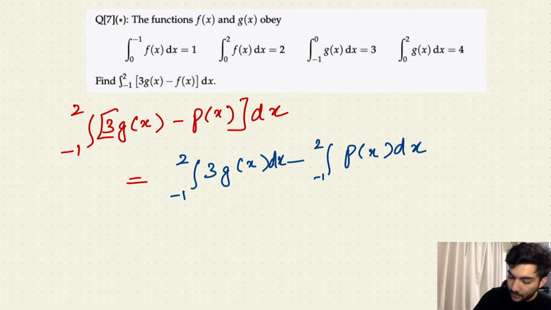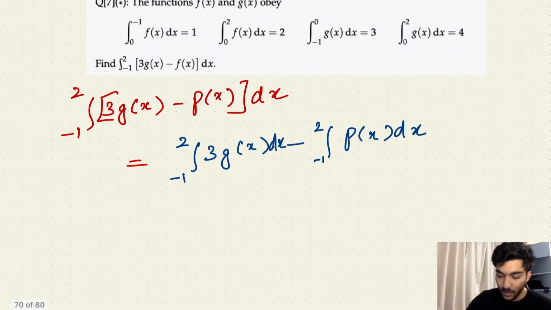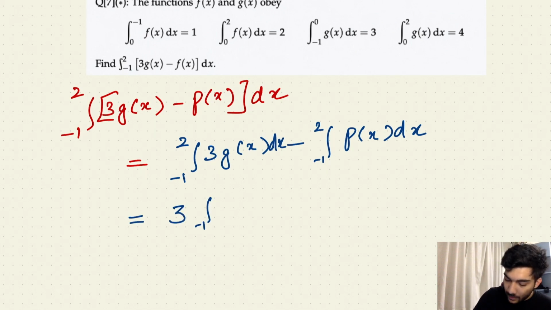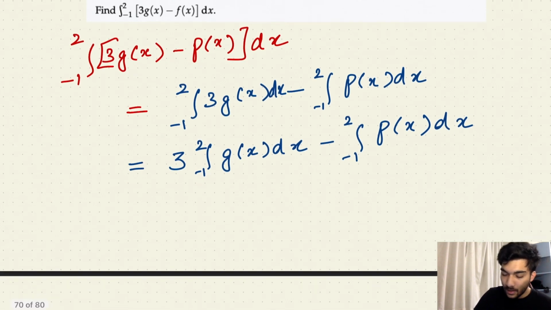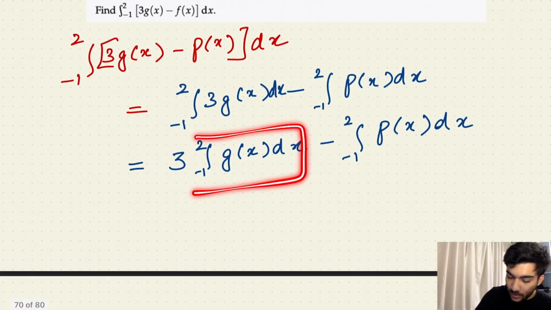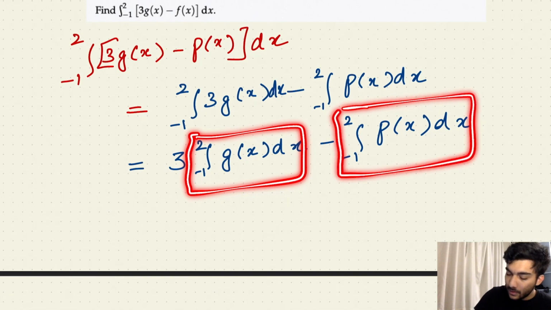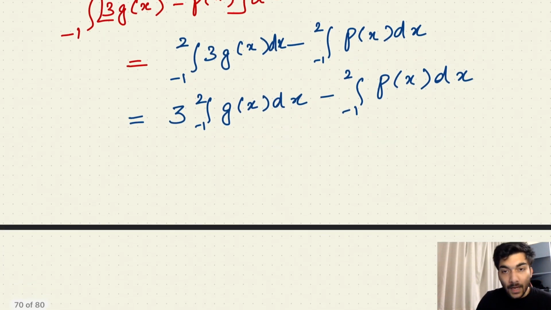Now let's take this constant 3 out, so we have g(x) dx and f(x) dx in our definite integrals. We'll get 3 times the integral from minus 1 to 2 of g(x) dx minus the integral from minus 1 to 2 of f(x) dx. Now we want both of these, so let's calculate both of those definite integrals individually.